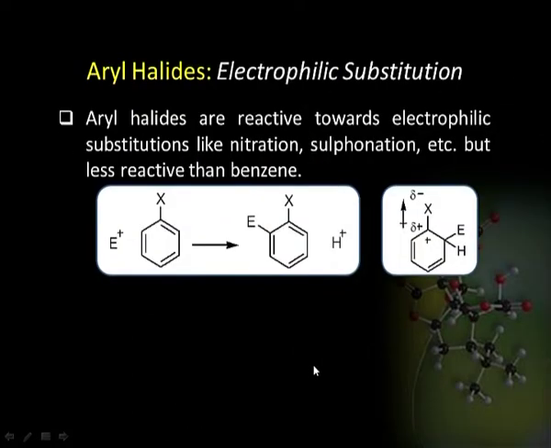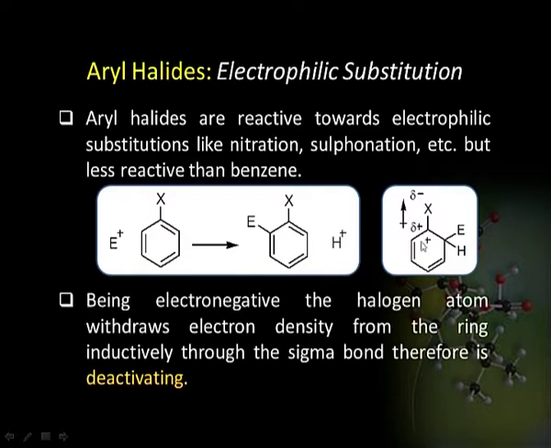The aryl halides undergo electrophilic substitution at the benzene nucleus, and they are reactive towards electrophilic substitution like nitration, sulfonation, etc., but they are less reactive than benzene. The halogen atom is electronegative and has a tendency to withdraw electrons from the benzene nucleus towards itself inductively through the sigma bond, therefore it is deactivating.